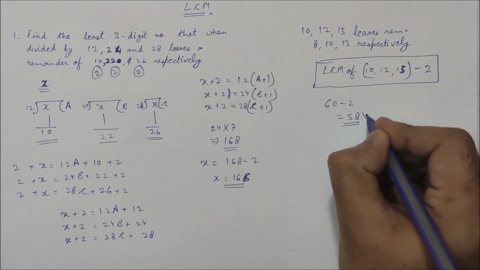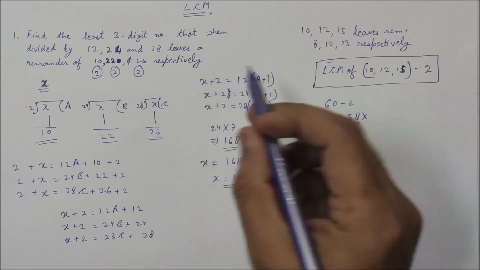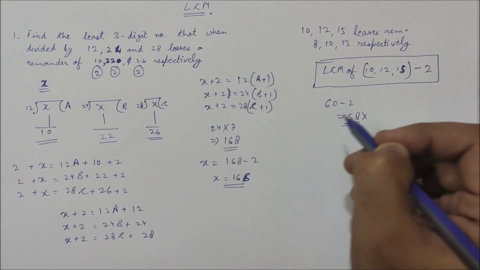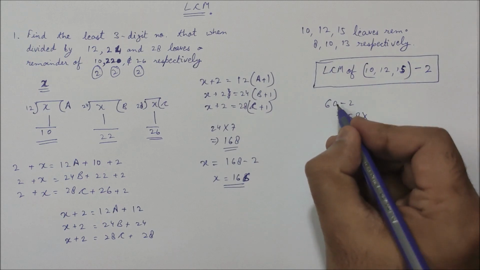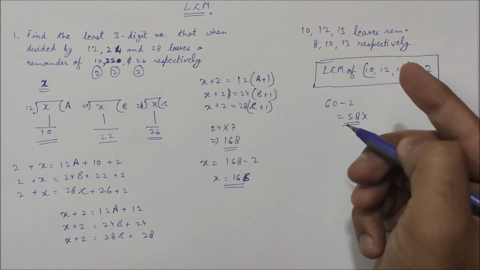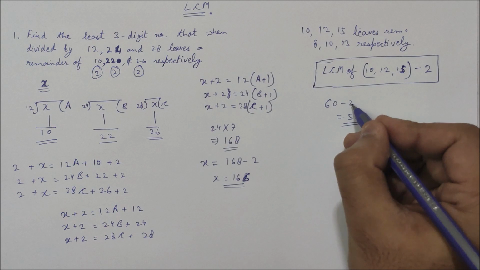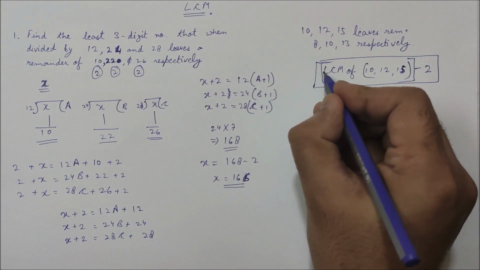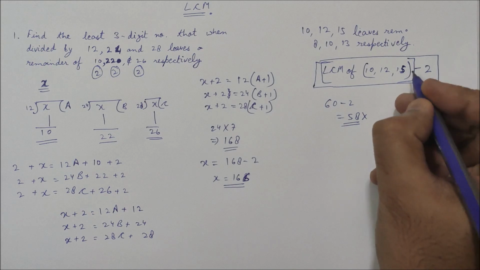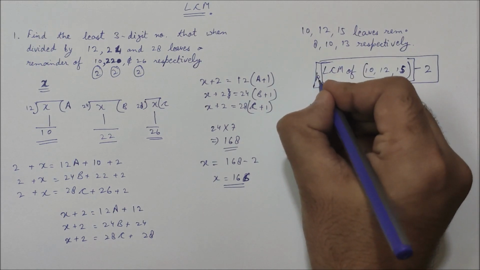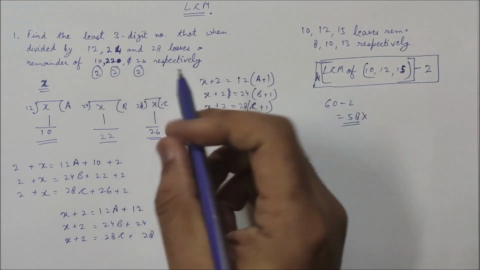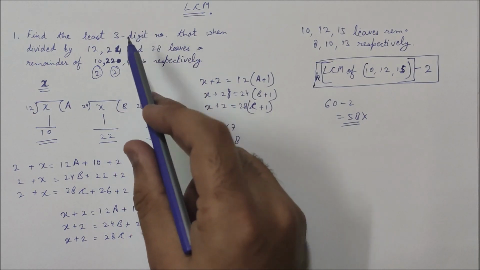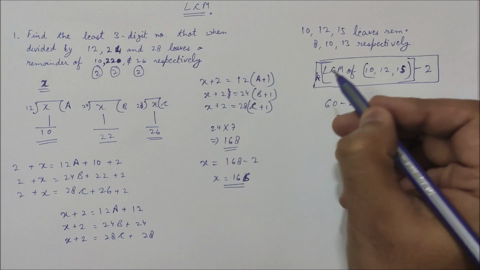However, this is not my answer, because I am talking about the least 3-digit number, and 60 is nowhere near a 3-digit number. So firstly I have to get to a 3-digit number, and then only I can do this addition or subtraction. So if I just write it down in a more precise way, I can say LCM of 10, 12 and 15 multiplied with a constant k such that it leaves me the given condition, whether it's the least 3-digit or highest 3-digit and so on and so forth.